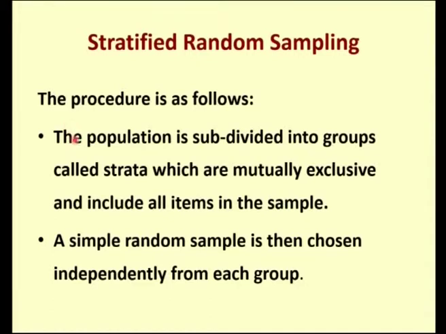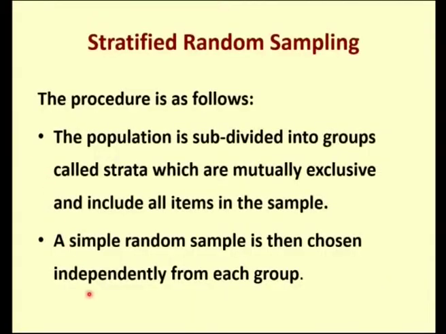For example, if you want to study the cost of living of a particular city, say Chennai, we can divide the whole city into zones or wards. These zones or wards make a group called strata. This is the plural; the singular term is stratum. Then, taking a sample from each of the groups, the simple random sample is chosen independently from each group.